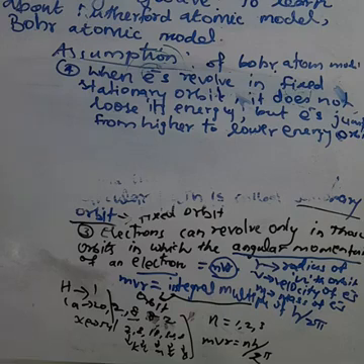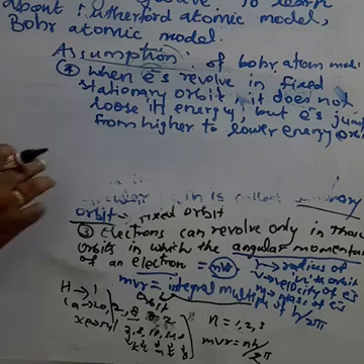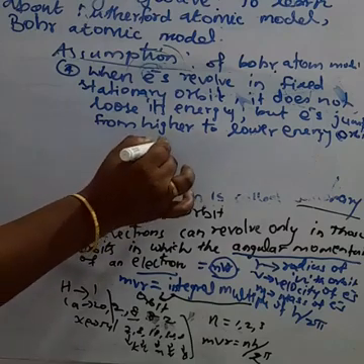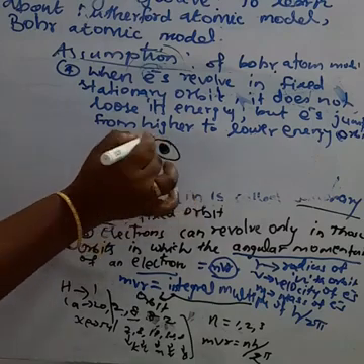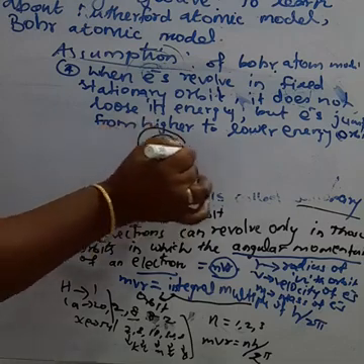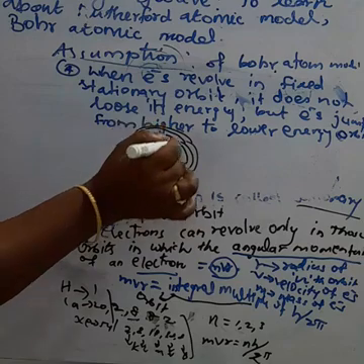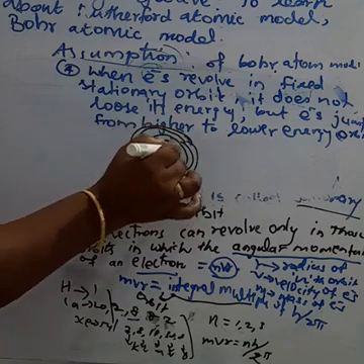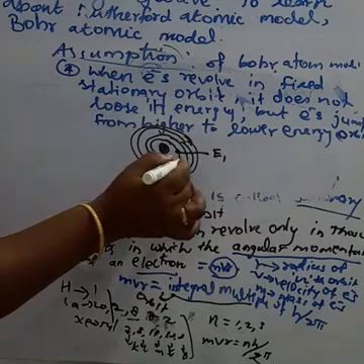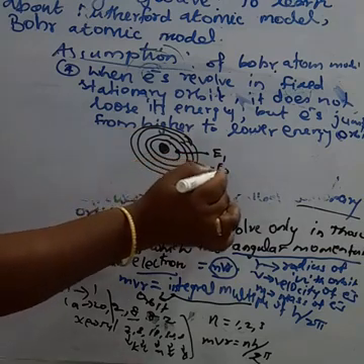What do you mean by higher energy and lower energy? Listen here. This is the positively charged nucleus, and these are the orbits: first, second, third, fourth. This is the lower energy orbit, E1. This is E2, this is E3, this is the E4 orbit.